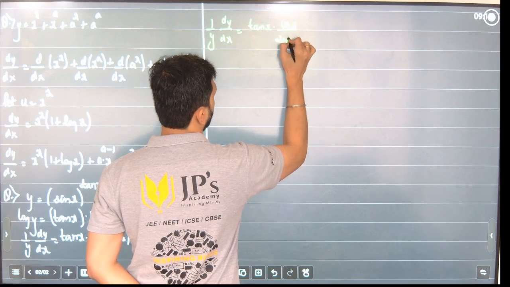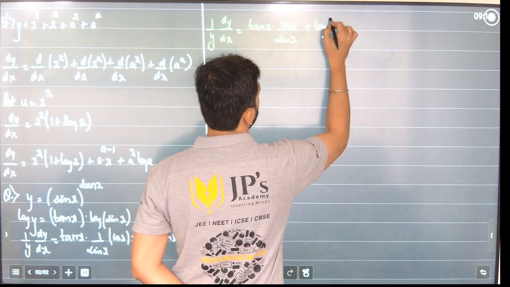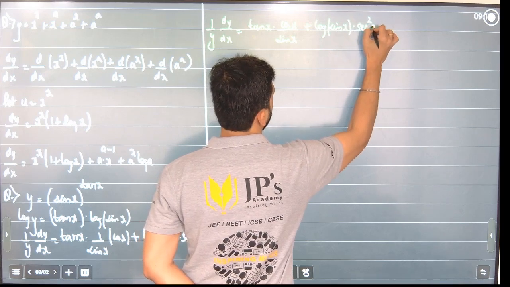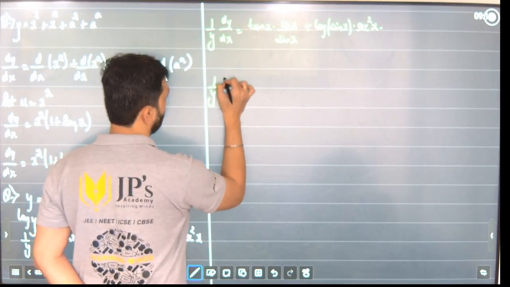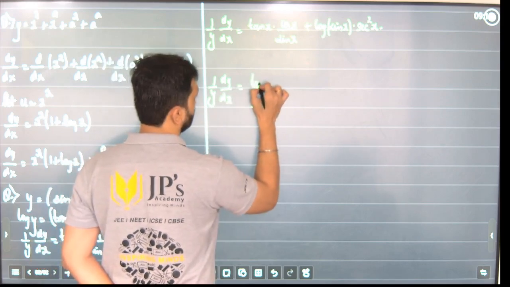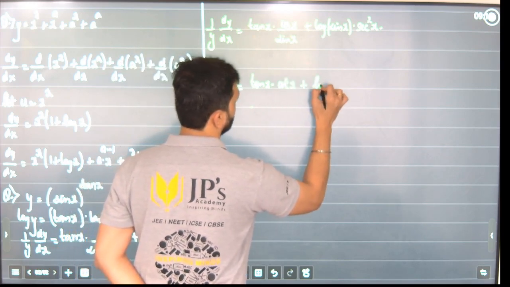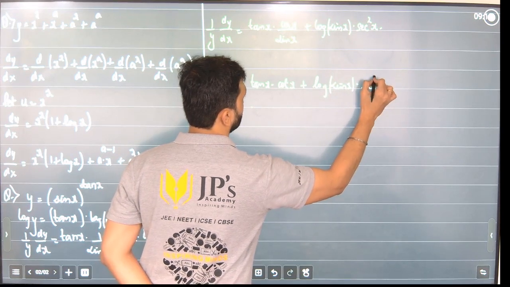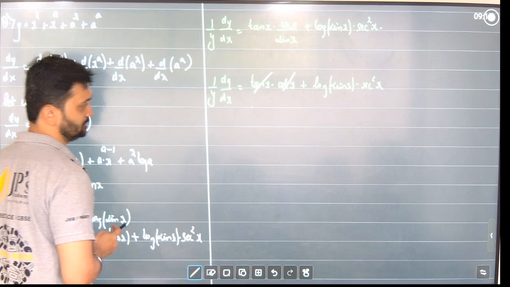cos x upon sin x plus log of sin x into sec square x, which will ultimately become 1 upon y dy by dx is equal to tan x into cot x plus log of sin x into sec square x. This gets cancelled.